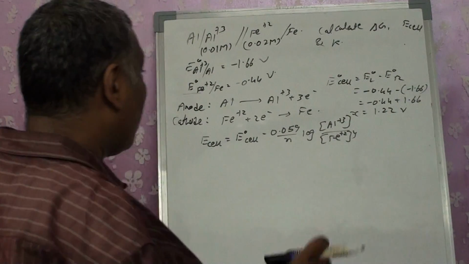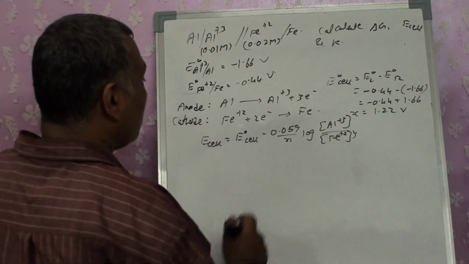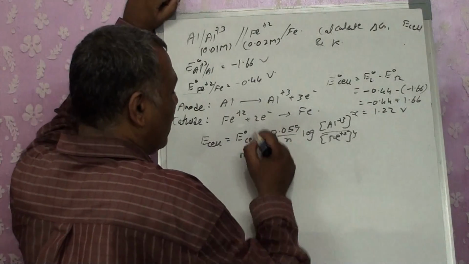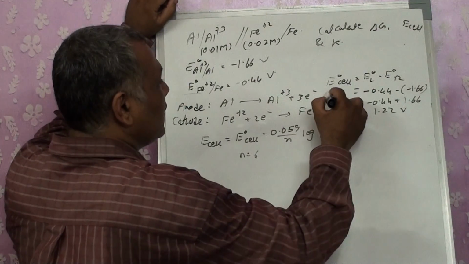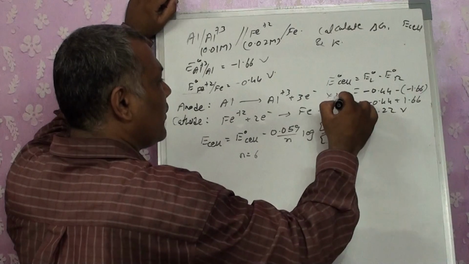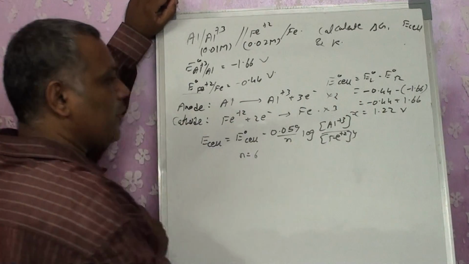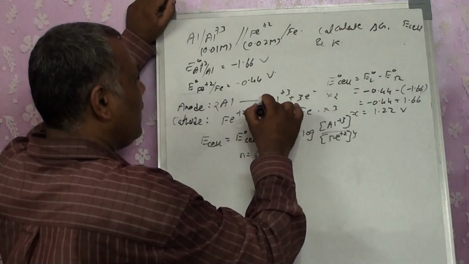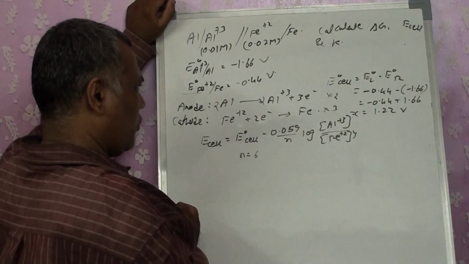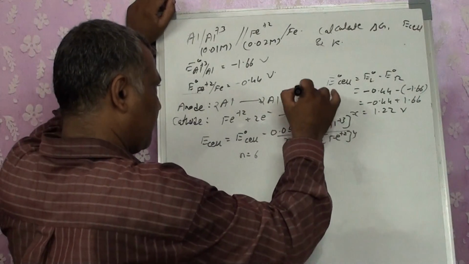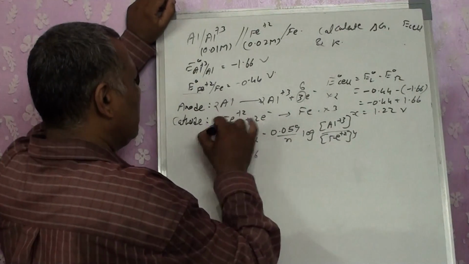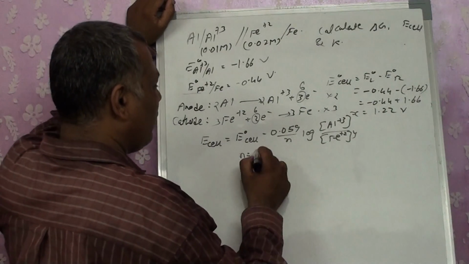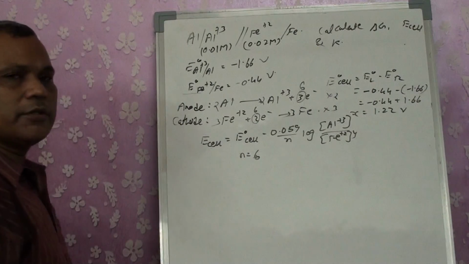Now here, what is the main factor that we need? What is n? n is equal to 6. The reason is, this whole equation is going to be multiplied by 2, this whole equation is going to be multiplied by 3. So we will get 2Al gets converted into 2Al3+ plus 6 electrons, and 3Fe2+ plus 6 electrons gives 3Fe. So n equals 6.